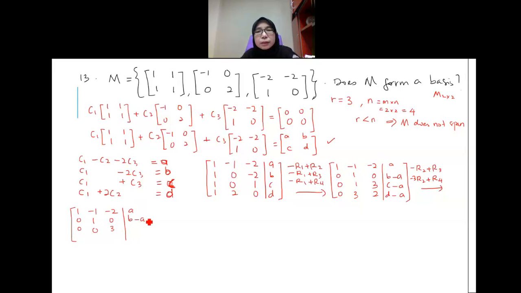C minus B. Yeah, this one it should be C minus B. So next one is 0, 0, 2. 0, 0, 2 is D minus A. Okay.